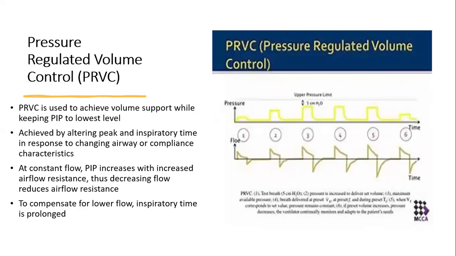All right, I must say something about pressure regulated volume control. Beautiful mode of ventilation. Now, the idea is you want to keep your peak inspiratory pressure to the lowest possible level. This is designed to avoid barotrauma and volume trauma because you achieve your volume support while keeping your peak inspiratory pressure to the lowest level. How does it do that? It alters your peak inspiratory pressure in response to changing airway and compliance characteristics.